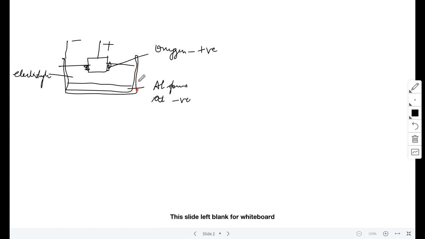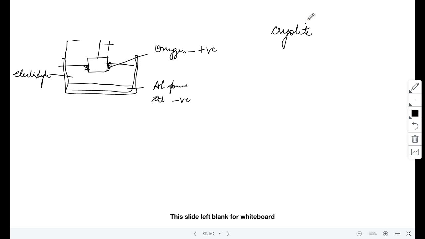Remember, I told you the lining is carbon. Aluminium is formed at the negative electrode. This electrolyte contains cryolite. Remember what cryolite was?